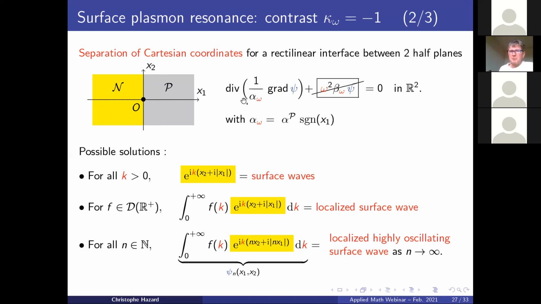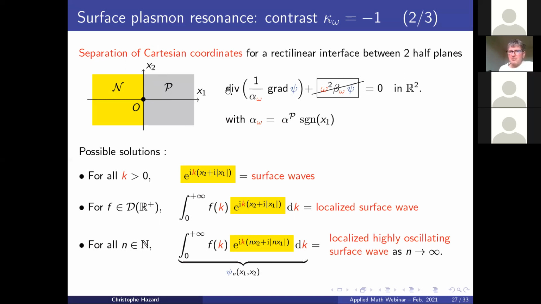So I consider my equation here where I remove the second term, and actually this second term is a compact perturbation of the first one. And when I am interested in the essential spectrum, compact perturbations are not really important. So the important term is this one.